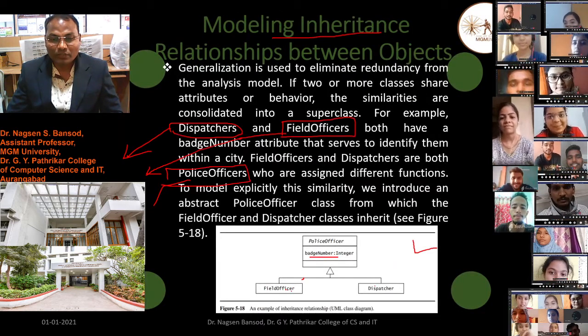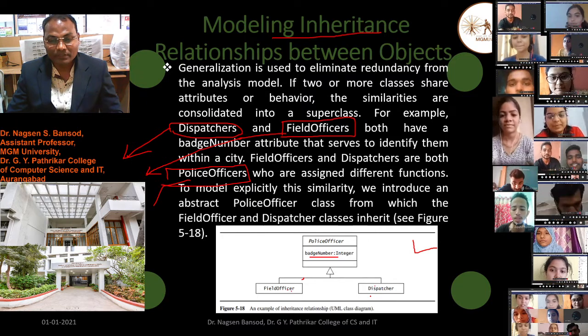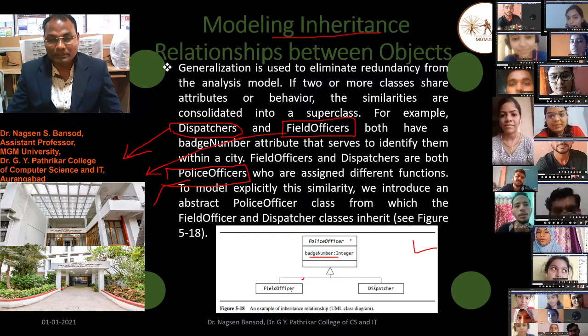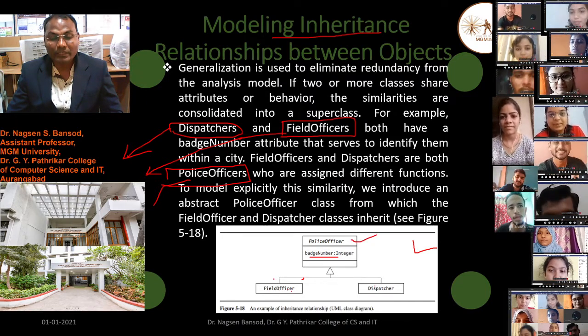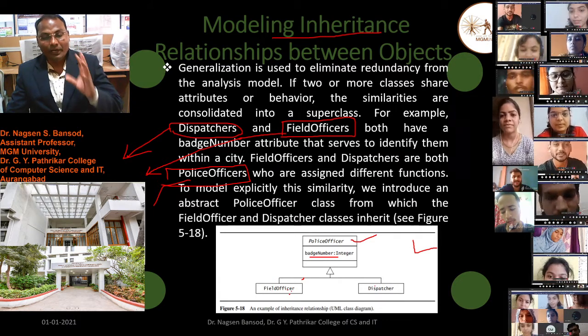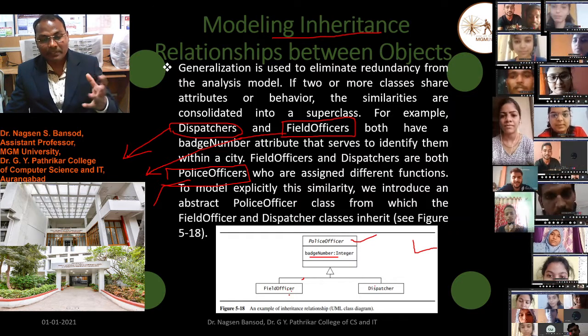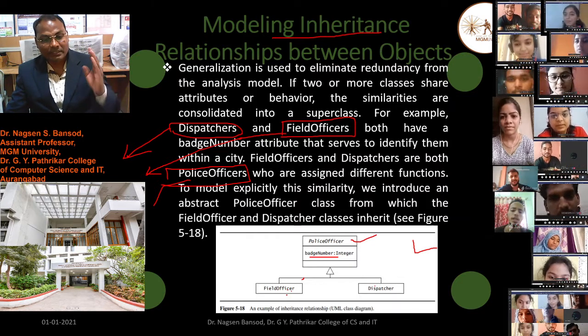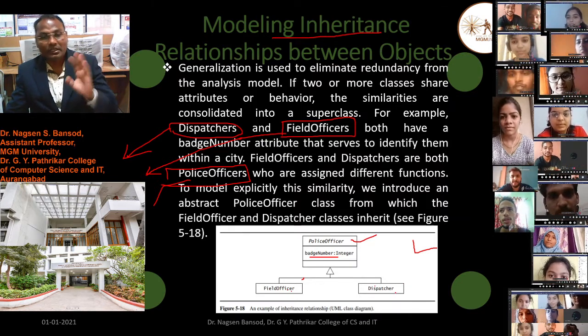These two, field officer and dispatcher, are persons who are police officers, but they have different functions. The field officer surveys the incident, where the accident takes place and how it takes place, and informs the dispatcher.